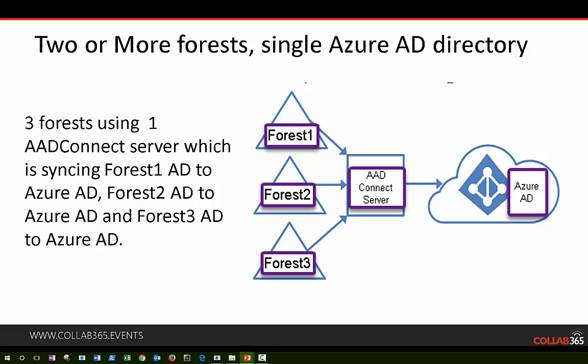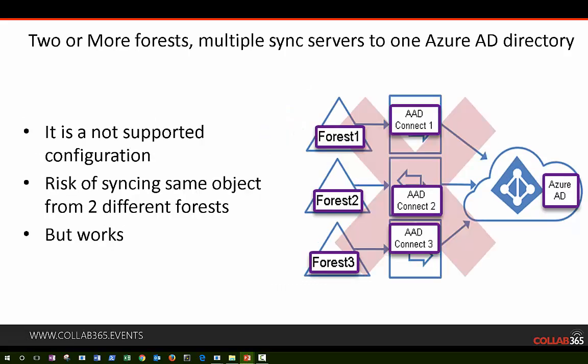So this is very simple, basic, which is recommended. Simple design: one server, add any number of forests there, and you can synchronize all of them together from one AD Connect. Next slide.